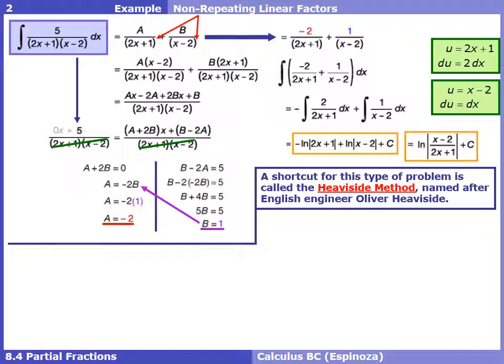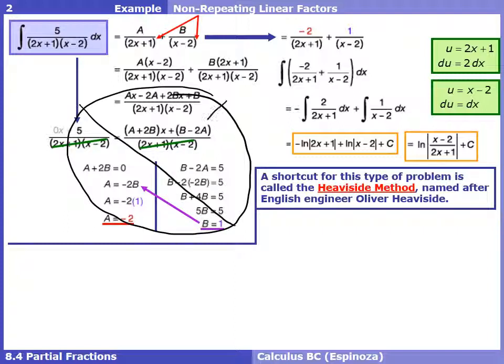But to the shortcut I was talking about, there's a shortcut that was developed by an English engineer named Oliver Heaviside, so of course it bears his name, the Heaviside method. The advantage is you're not going to have to deal with all of this right here. You're basically going to take all of these steps that you see and disregard them.